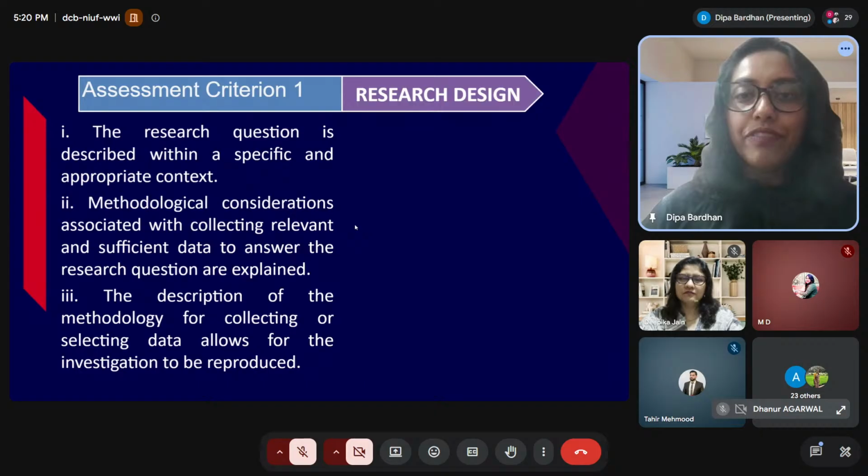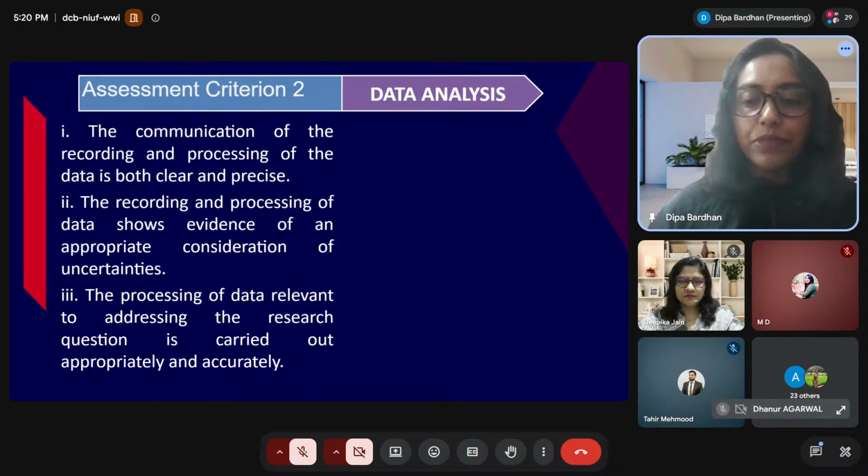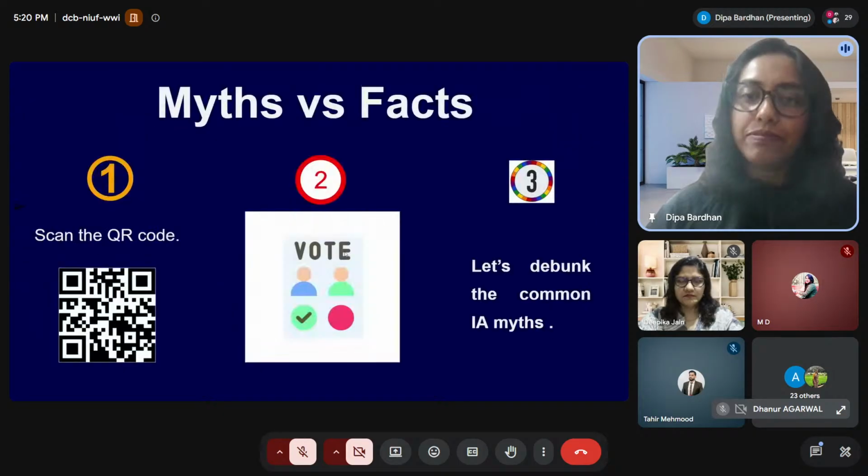We will quickly go, for the benefit of the students, to the actual IAs, how we go on. Okay, so just to have a better purview, please scan the QR code and vote for the common myths. There are many myths regarding IAs.